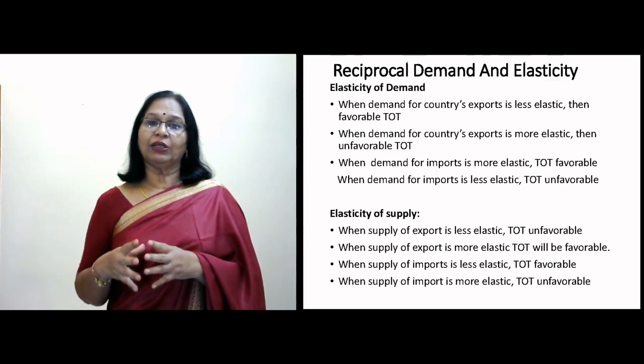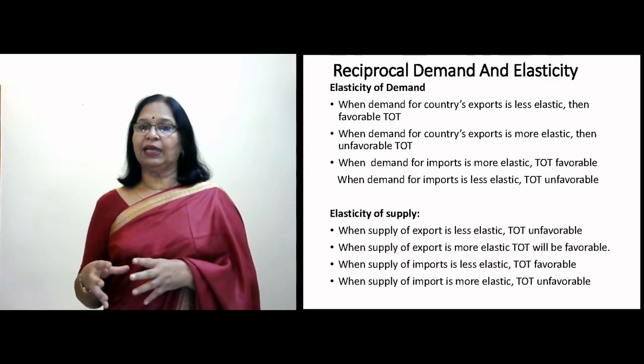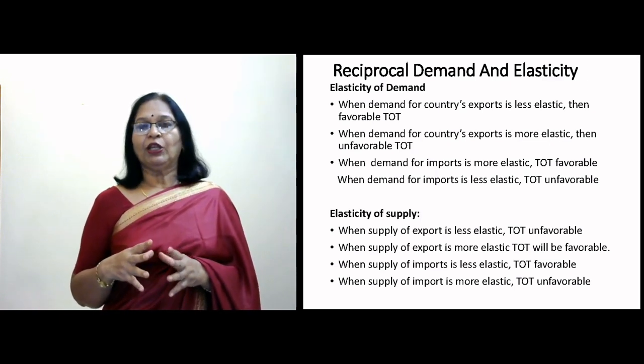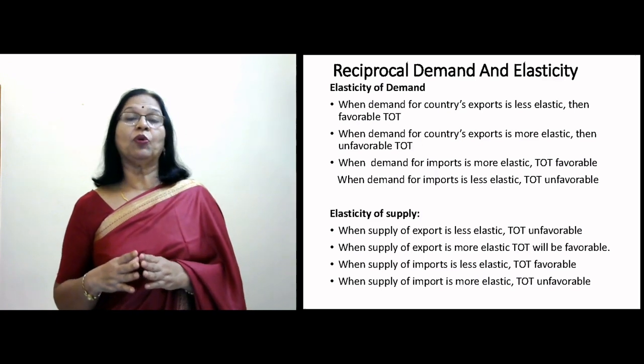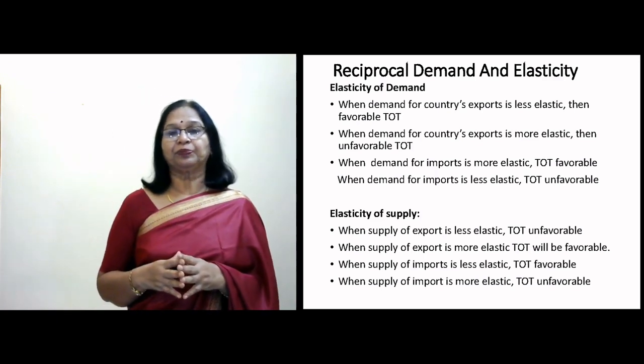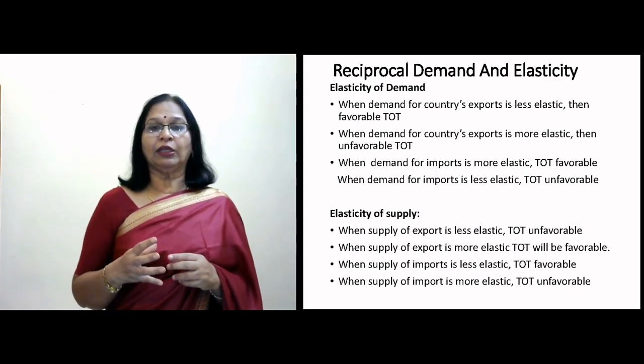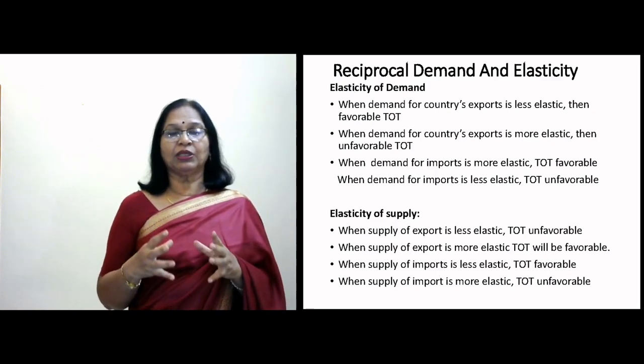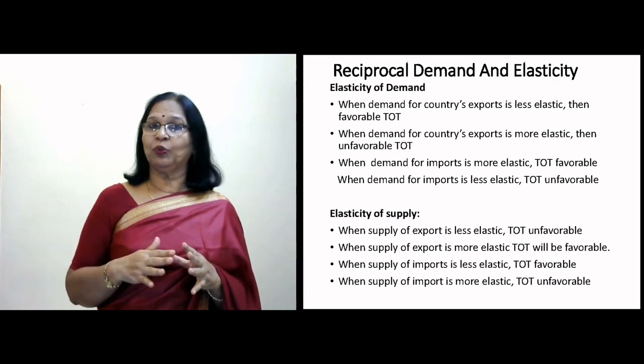If the country's export is less elastic, then the country will have a favorable terms of trade. If a country's export is less elastic, that means the demand for this country's goods is such that the other country cannot do without it.